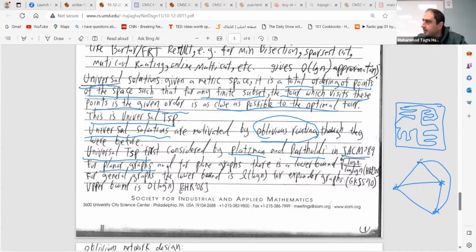Then the question is, for planar graphs, can you give an ordering of the vertices, starting from any place? You give the ordering. If there is a demand there, you will go there. If not, you will just bypass it and go to the next one via the shortest path. This is the thing that we had.